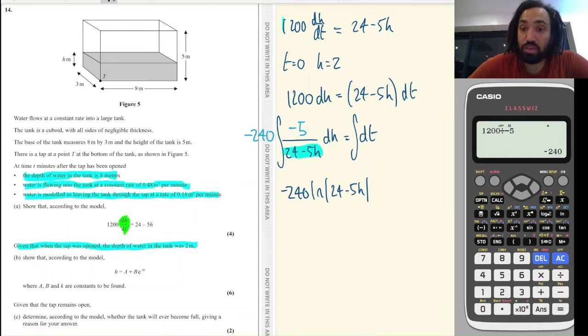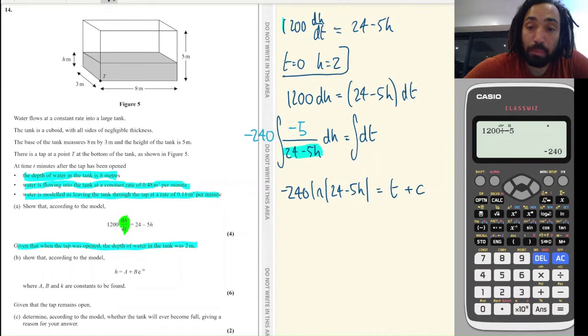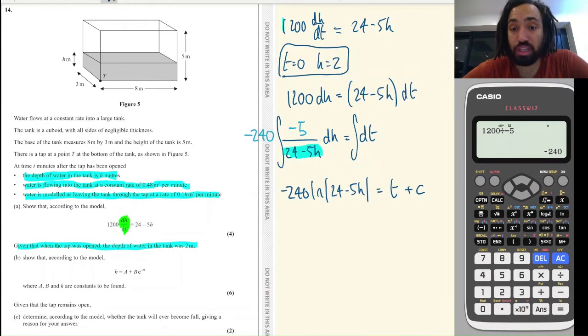And then I need to integrate dt, which just integrates to t plus a constant, let's call that c. And now what we do is we use our initial condition to substitute into that solution to find the value for c.